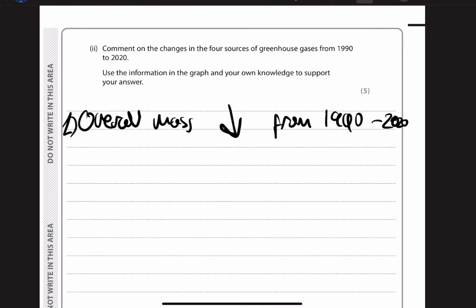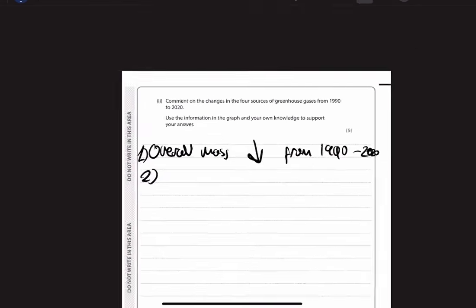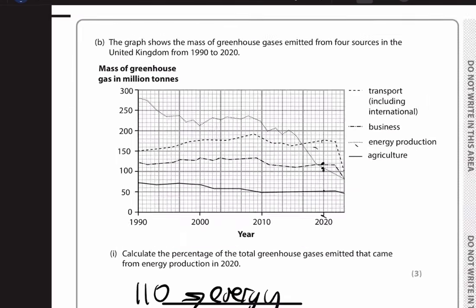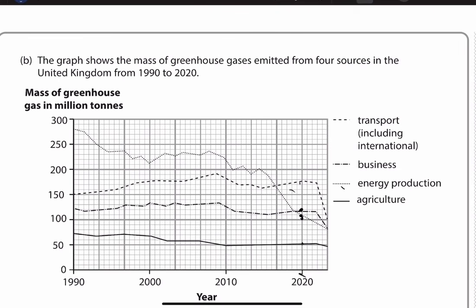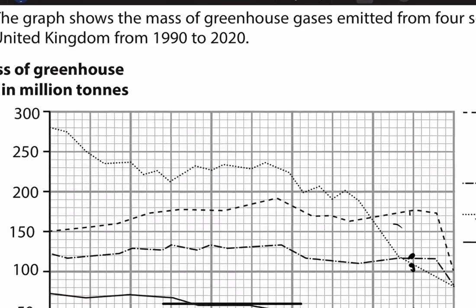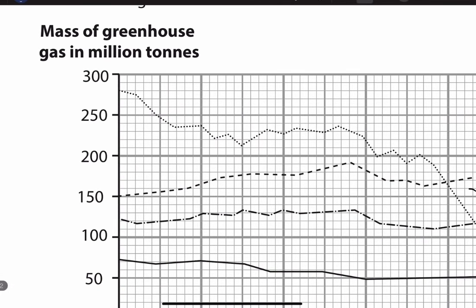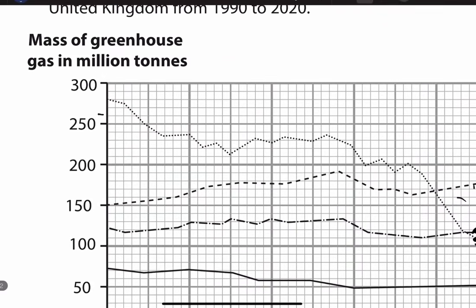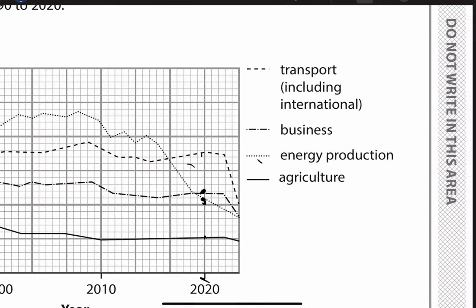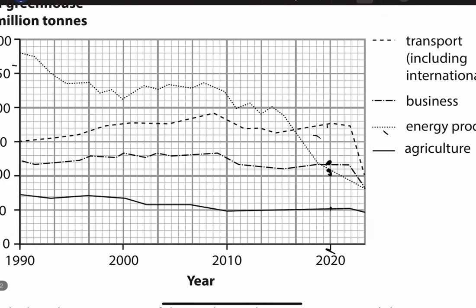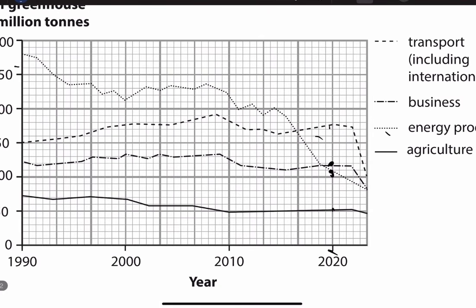Now, what else can we say? Well, we can talk about which were the leading causes back then and which are the leading causes now. If we look at 1990, we can see that the leading cause was energy production. We have a really high mass of greenhouse gas produced, but now energy production has dropped a lot, and the leading one is transport.